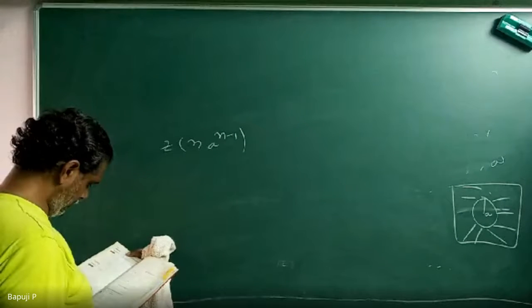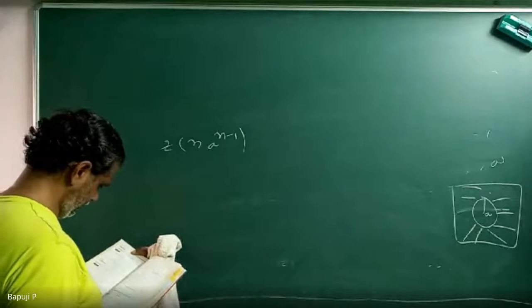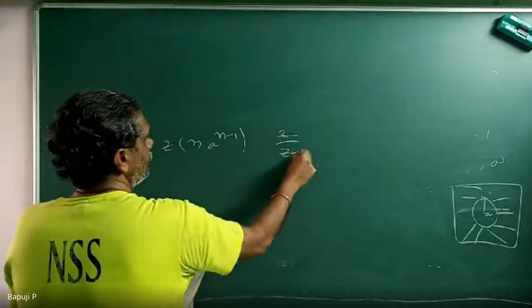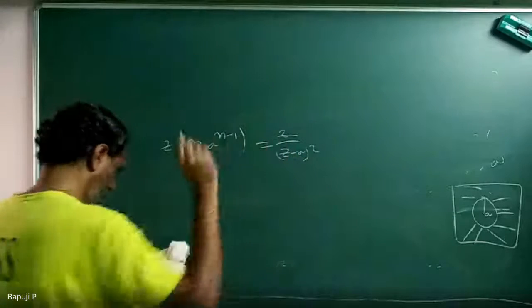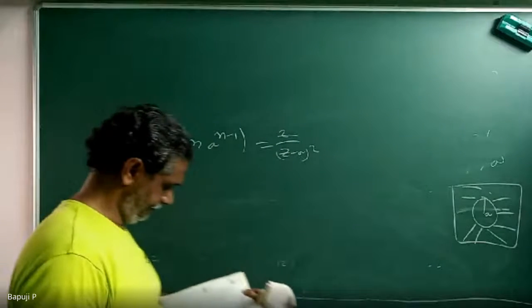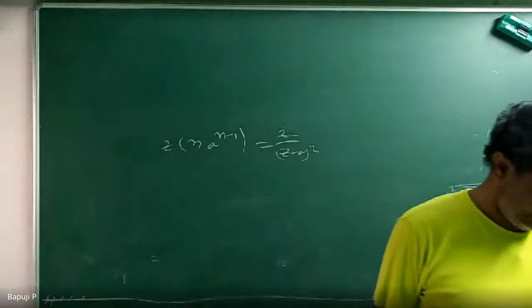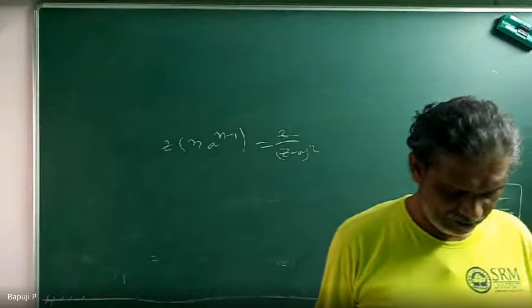I will give the answer if you want. At least this one problem you can try. 1 by n factorial we already did. 1 by n plus 1 you can also do. For 1 by n plus 1 you will get a logarithmic formula.